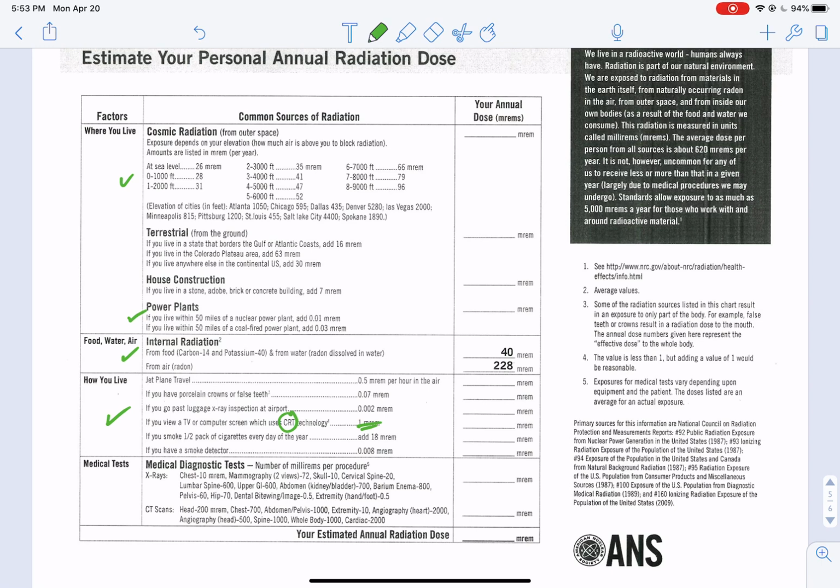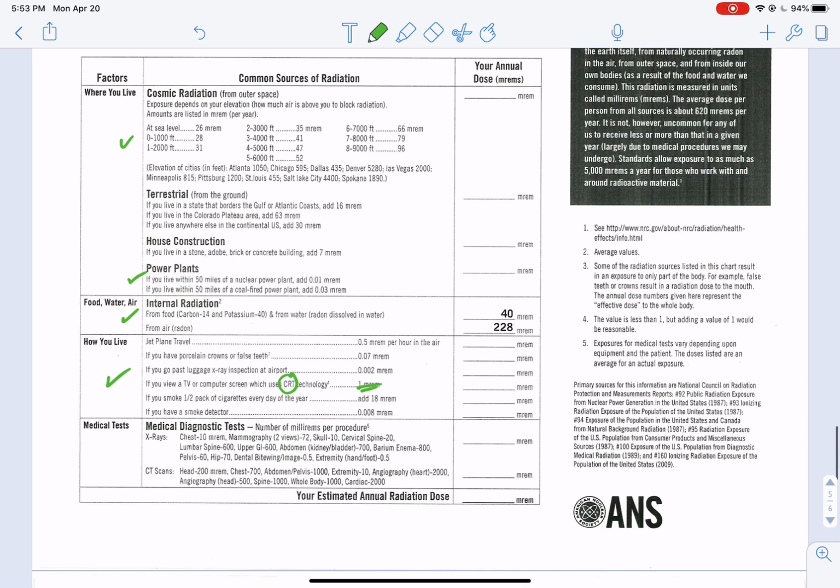Your medical tests would be significant. And you'll notice that if you are near a nuclear power plant, 1/100th of a millirem, there is so little radiation, practically none, that comes from generating electricity in a nuclear reactor.